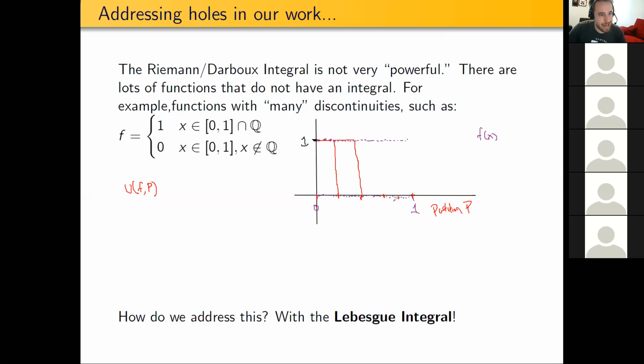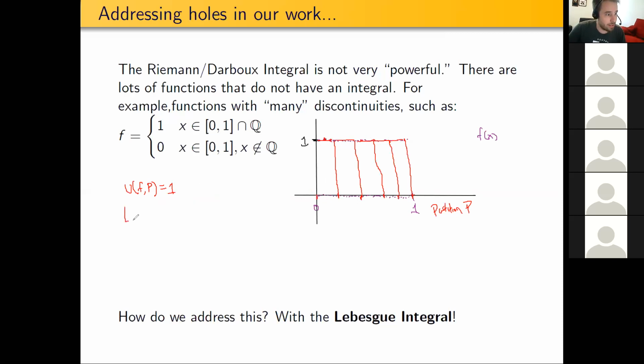So I'll end up adding up all of these little areas of height 1, and I'll end up getting the area of this entire box, whose total width is 1, whose height is 1, and so the upper sum is equal to 1, no matter what my partition was, just because there are so many points up here at a height of 1.